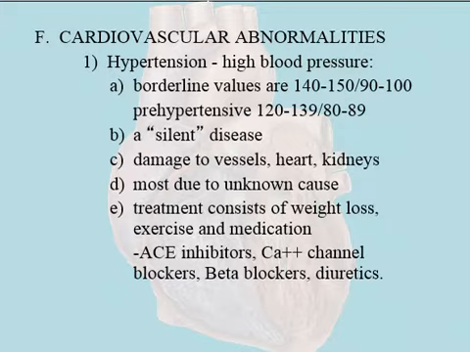We know that being overweight contributes. We know that excessive salt intake contributes. So all of those are factors that affect it, but we don't really know why, in general, people develop hypertension and others don't. So if somebody has hypertension, if we can get them to lose weight, that helps. Okay, so weight loss helps. Exercise can help. And then we can give them medications to lower the blood pressure.